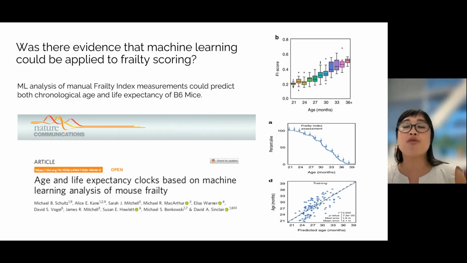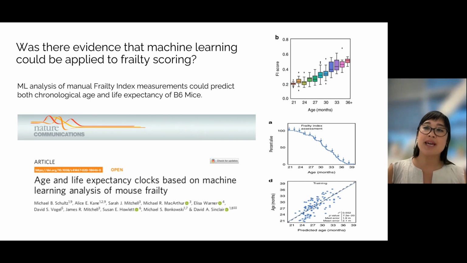So before we embarked on this journey, we really had to do a deep dive. Was there evidence that machine learning could be applied to aging and frailty scoring? And so the Sinclair group at Harvard put out a really nice study where they used machine learning analysis of manual frailty indices. So on the top figure, you could see that they measured frailty for mice starting at age 21 months to 36 months.